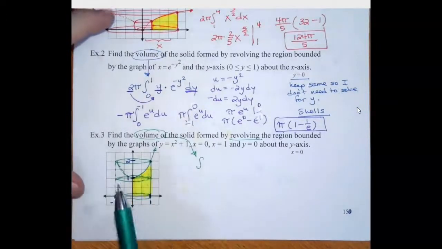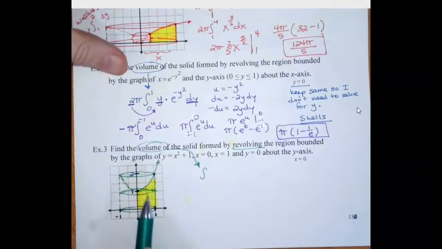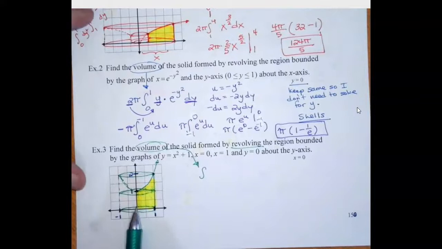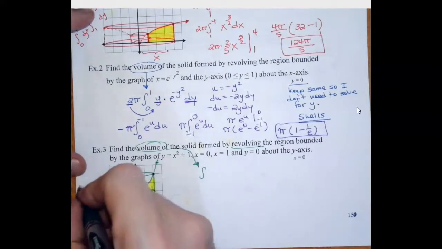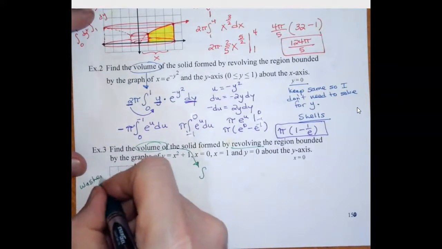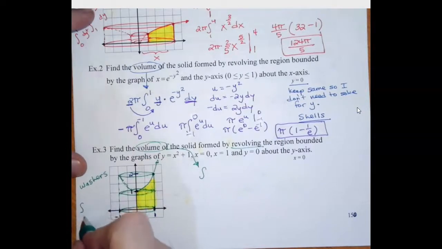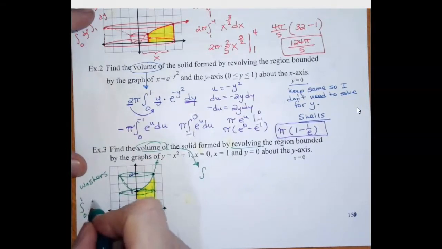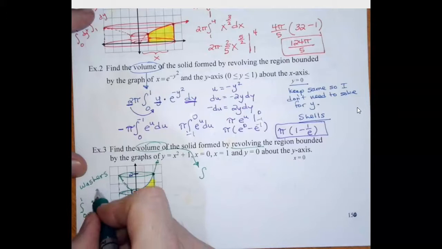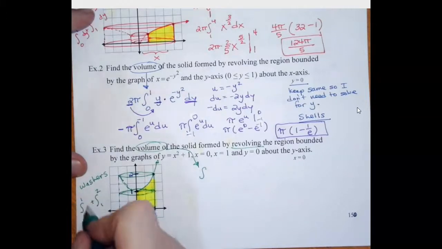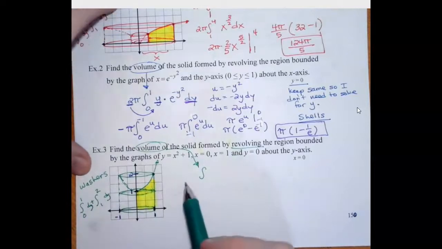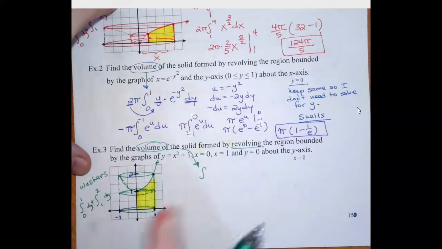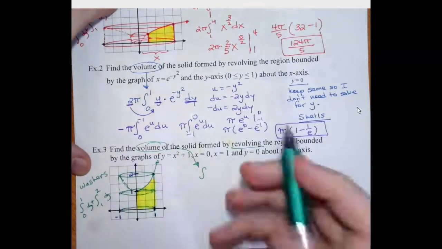Okay, so again, if you remember that example, we had to break this into 2 integrals. So washers, again, we're going to use washers. If you go back and look at that other example, we went from 0 to 1 plus 1 to 2. And we also had to switch it to dy. Okay, so by using shells, the shells go around that hole, so it's not even an issue.